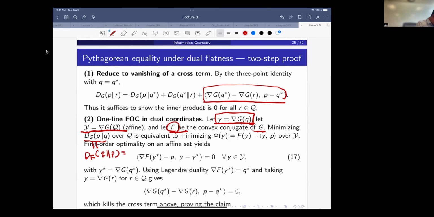And then this guy is F(Q) minus F(P) minus, well, actually, sorry, there's a dual. We need the dual mapping: P and Q are in the original coordinate system, but we need to use the dual, so that means we have a Y.